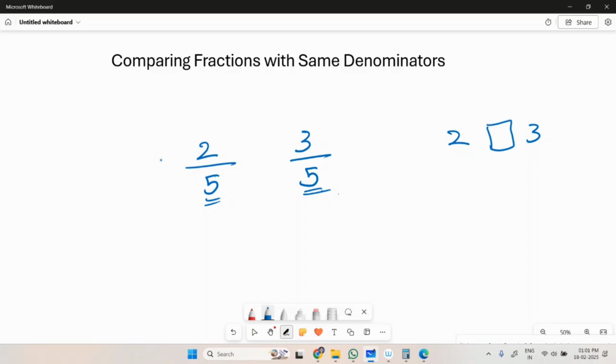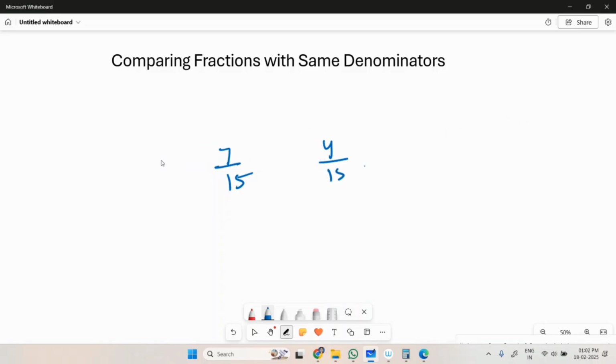Which is bigger? 3 is bigger. So among 2 upon 5 and 3 upon 5, 3 upon 5 is bigger, because when the fractions have same denominators, the bigger numerator is the greater fraction.